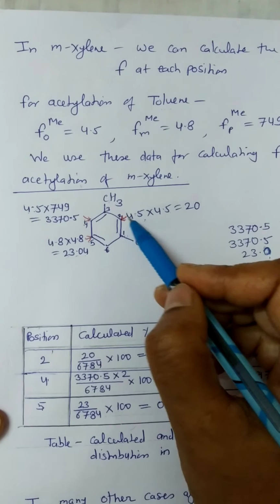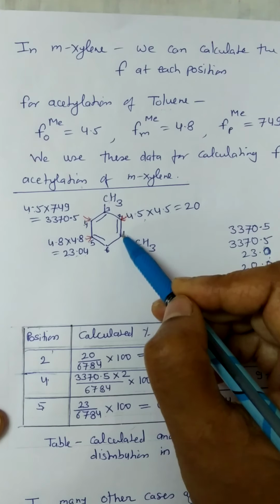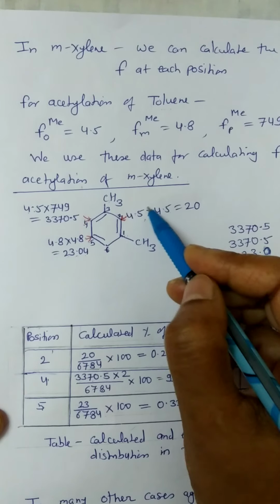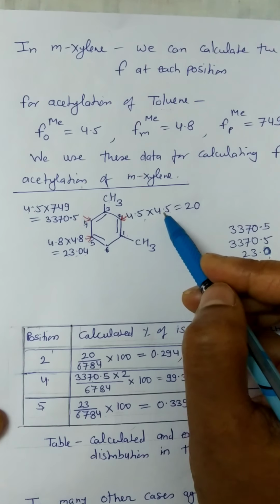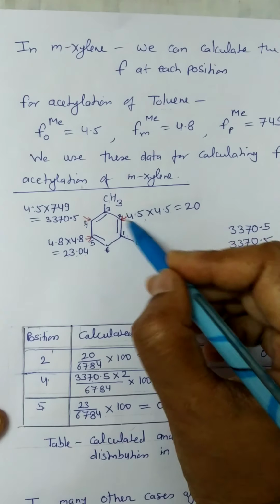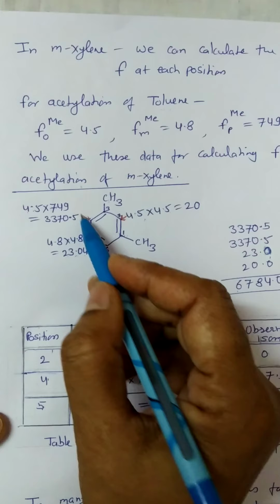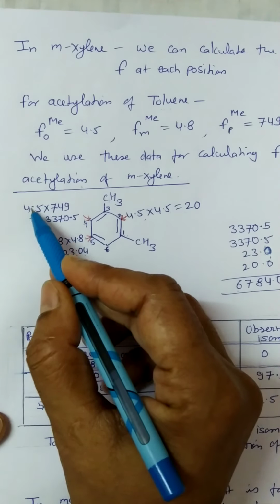Position 2 is the ortho position of both these methyl groups, and therefore 4 into 5 into 4.5 equals 20. We get the partial rate factor at this position as 20.